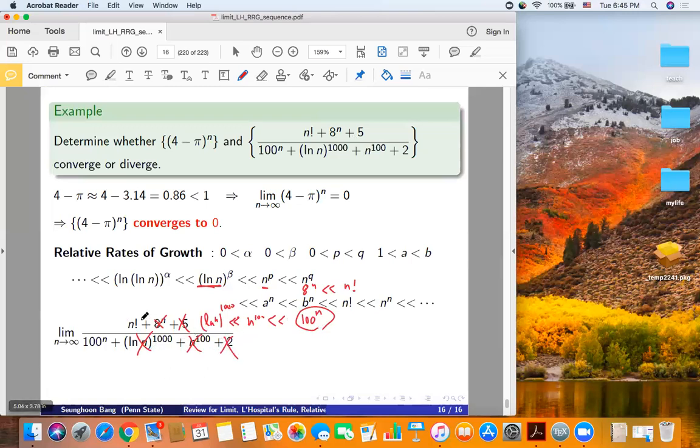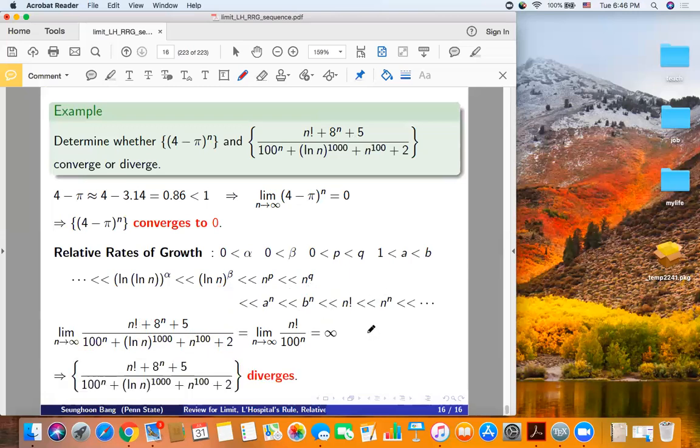So we can choose n factorial over 100 to the power n. Here, n factorial is growing faster than 100 to the power n, going to infinity. So the sequence is divergent.